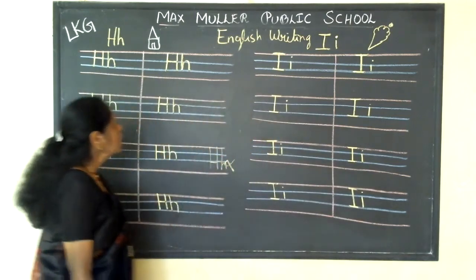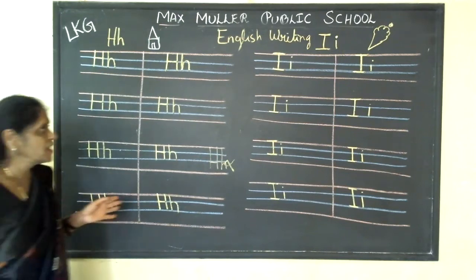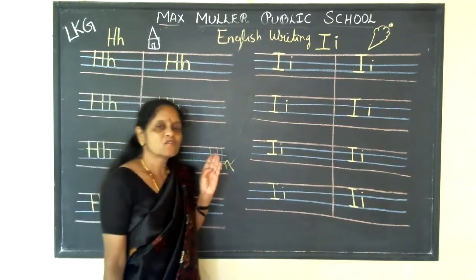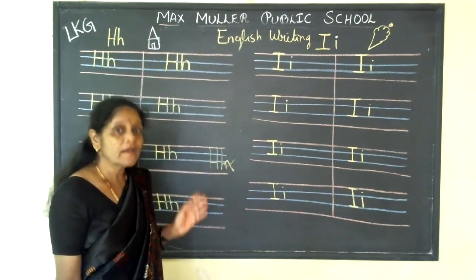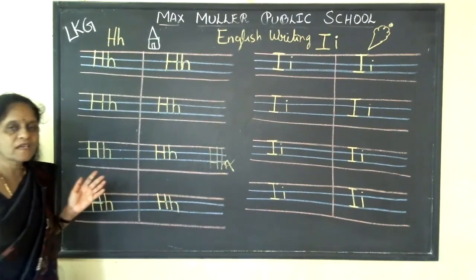So children, you learned how to write capital H, small h, and capital I, small i. H for house. I for ice cream.